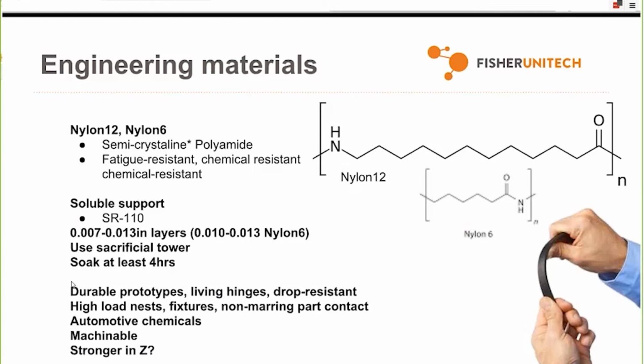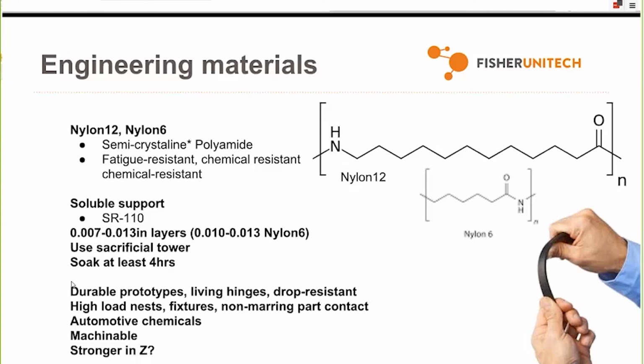Right, so for nylon 6, I mentioned that nylon is considered semi-crystalline, but in practice, when you actually 3D print with it, it behaves more like an amorphous polymer. So it has a pretty wide softening curve, and really both nylons have quite a low working temperature, even less than ABS as far as the heat deflection temperature, the temperature that it takes to deform a part while it's under load.